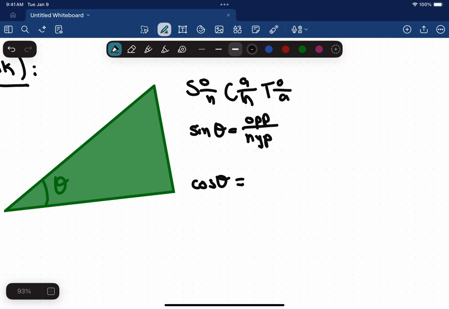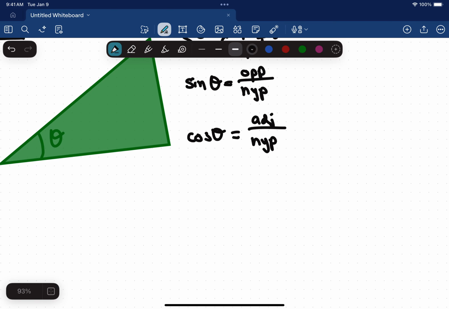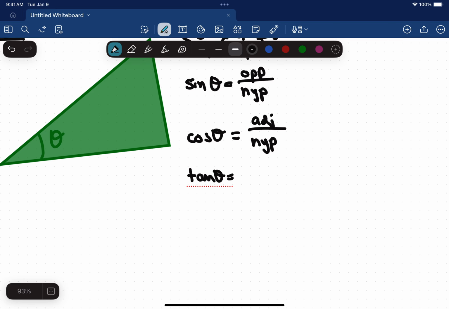Cosine theta is going to equal adjacent over hypotenuse. And tangent theta is going to equal opposite over adjacent.